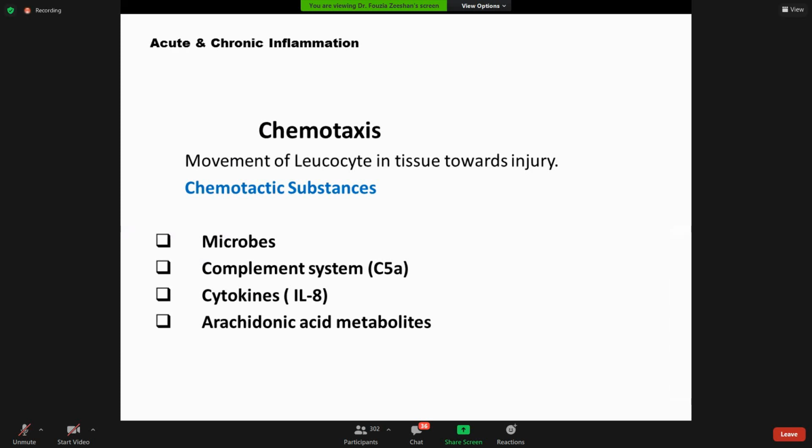In chemotaxis, basically, there is the complement system, like I have said, C5a, cytokines such as IL-8 or interleukin, and certain toxins released from the microbes. As well as certain arachidonic acid metabolites, which are very helpful in chemotaxis.